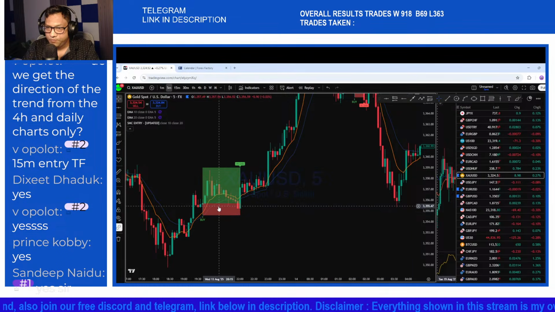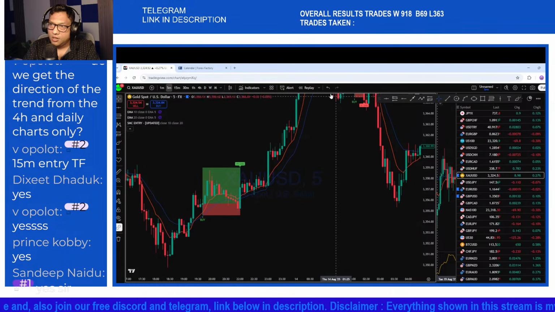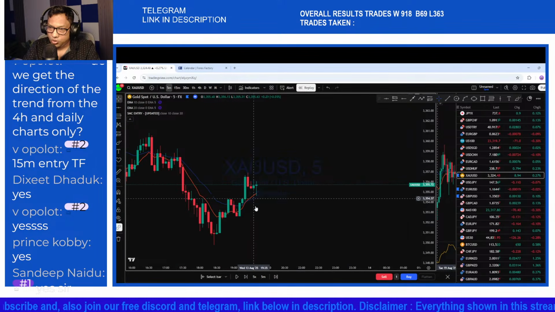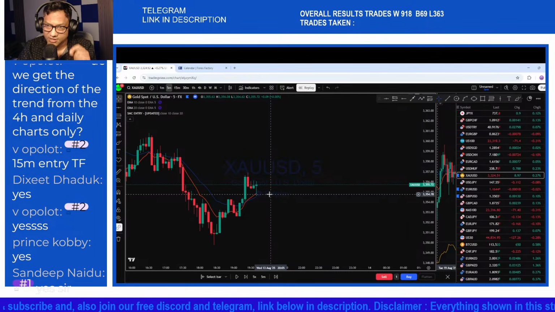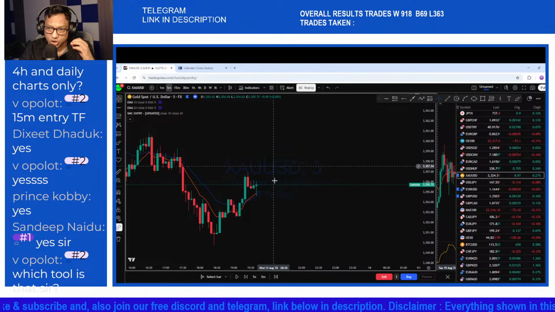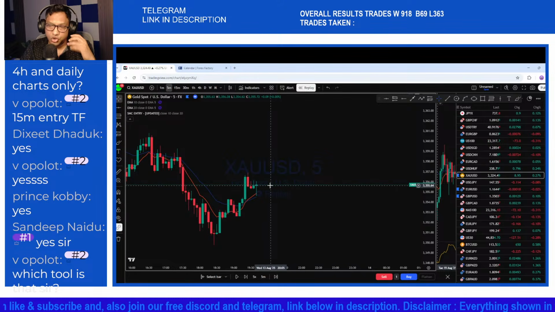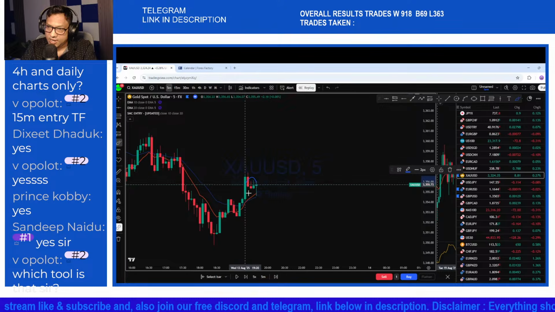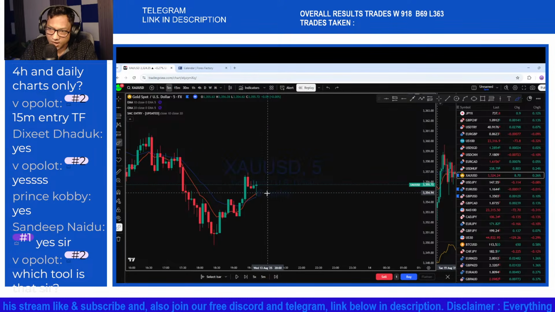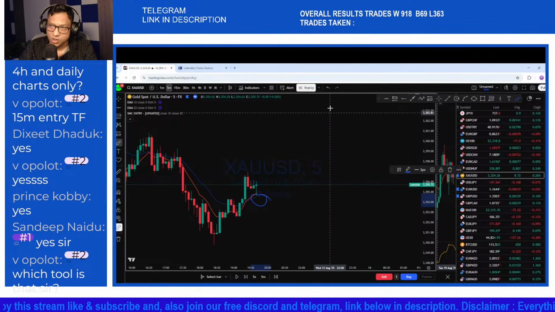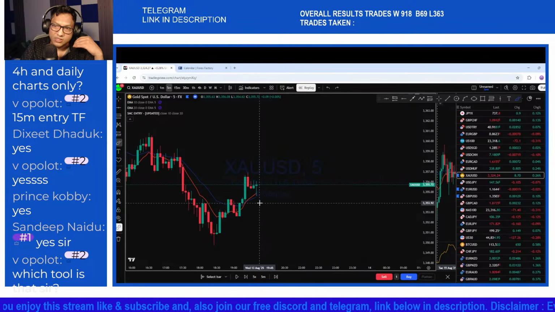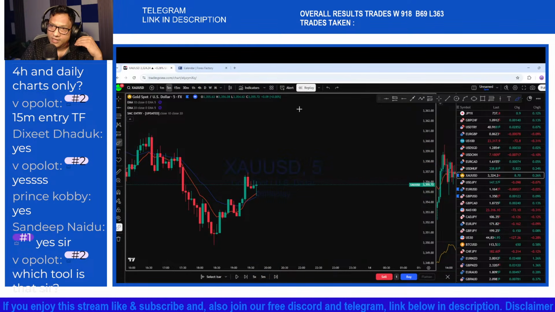Let me quickly analyze this trade here. You can see that when the trade shows up on the 5-minute chart, the market has printed a liquidity grab here. This candle is the SMC candle, where the smart money has bought.